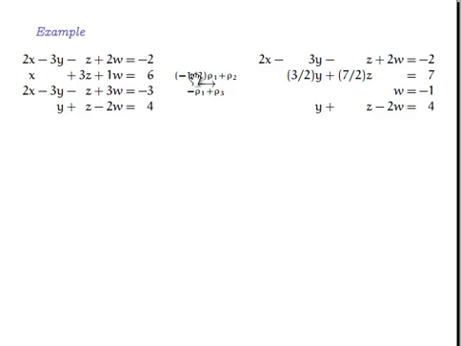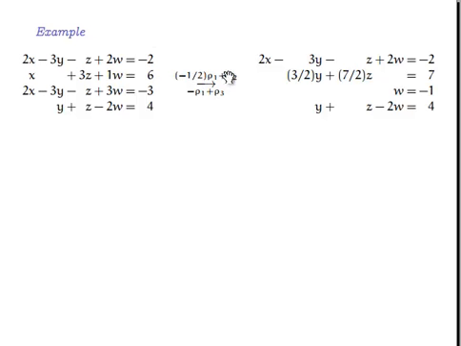If you remember, in the last system of equations, the way we simplified was by eliminating the variable x from all the equations except the first equation. The way I can do that in this case is I can take this second equation and subtract 1/2 times the first equation.